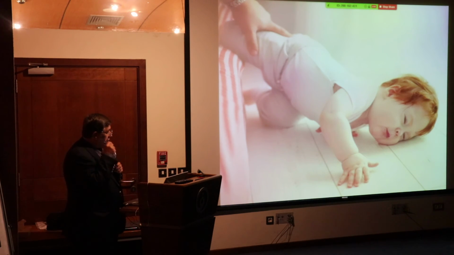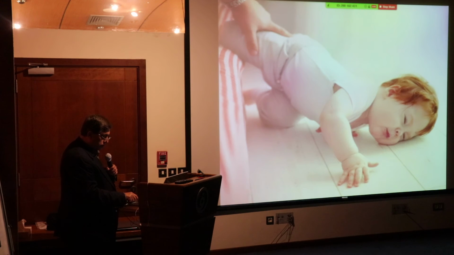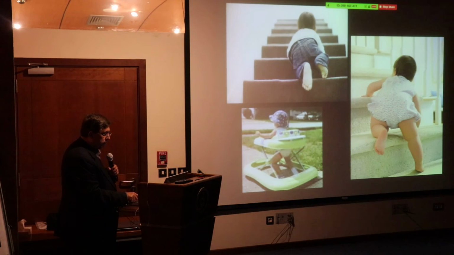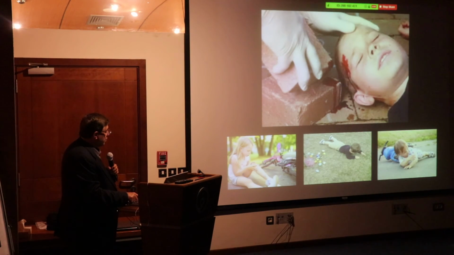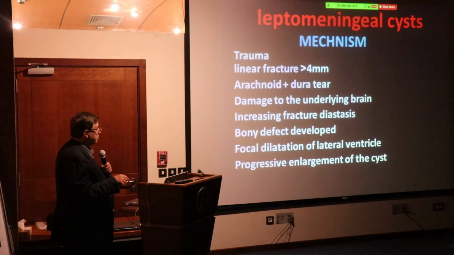And the common story is a toddler who fell off the bed or the cot, climbing Mount Everest. So all these accidents may lead to a fracture, and if we're not careful, this fracture may lead to leptomeningeal cyst.